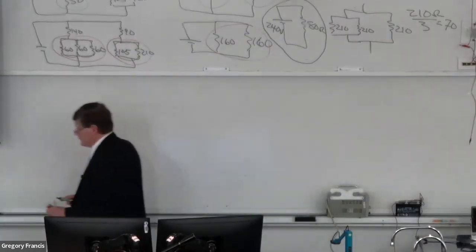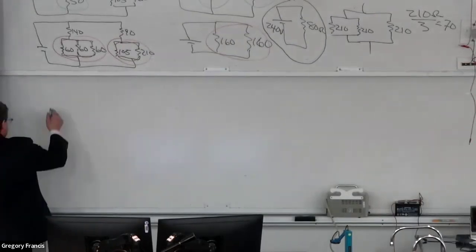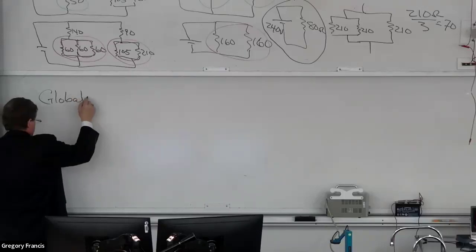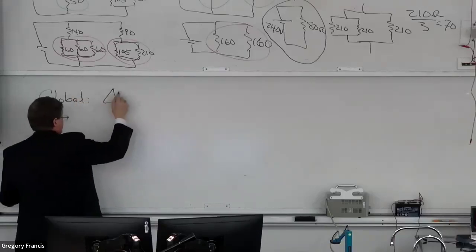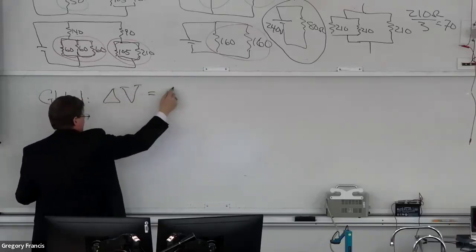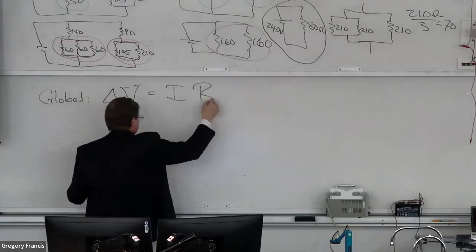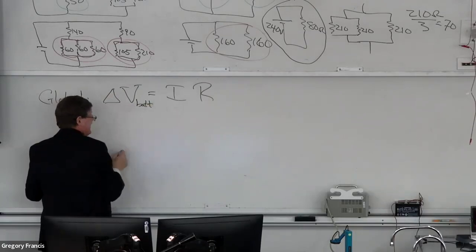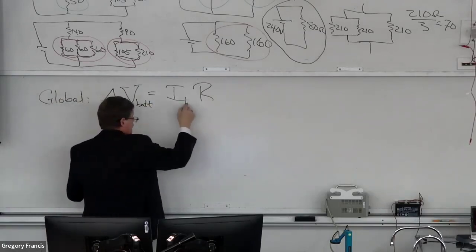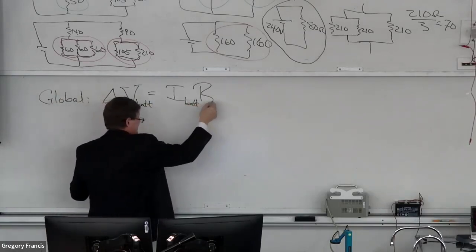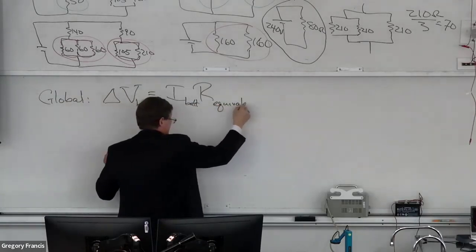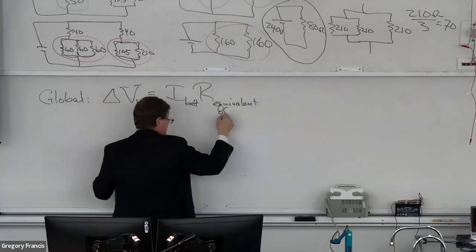There's two ways to use Ohm's law. The global method is to say delta V is equal to IR, where delta V is the voltage of the battery, I is the current through the battery, and R is the equivalent resistance of the whole circuit.